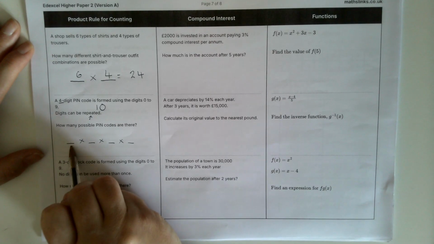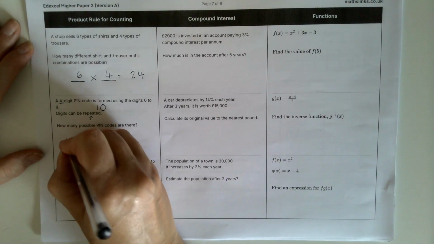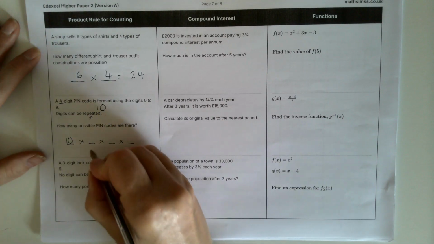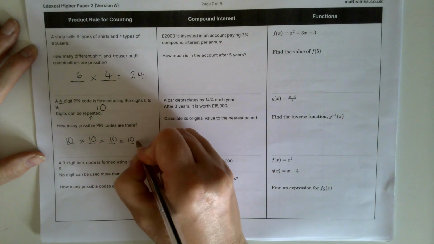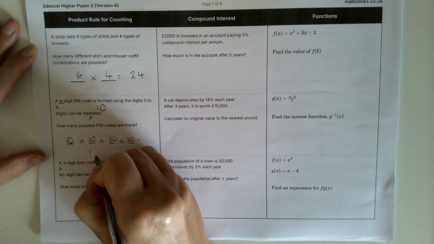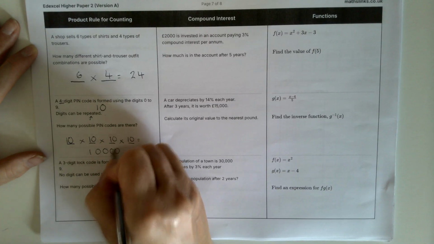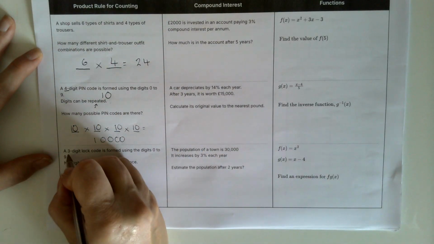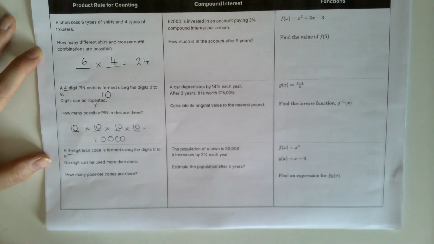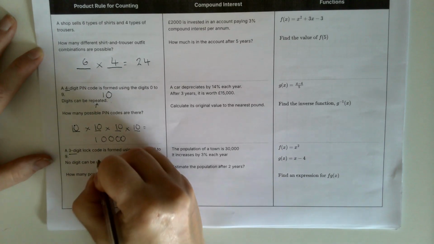For your first digit, you could have 10 different numbers. For the second one, you can also have 10, and so on. So 10 times 10 times 10 times 10, which is 10,000 different options.